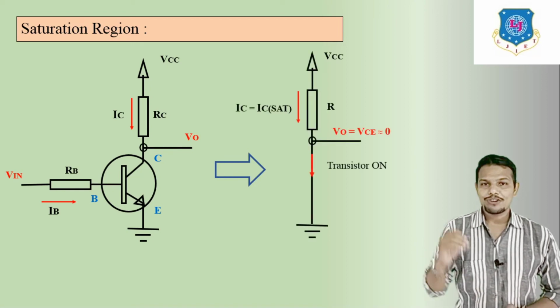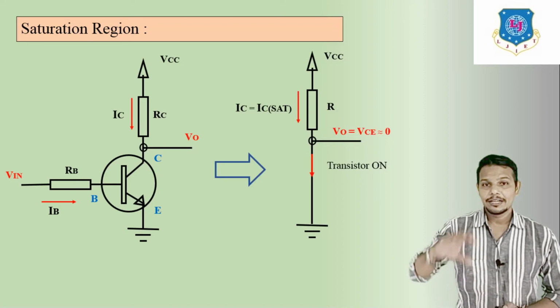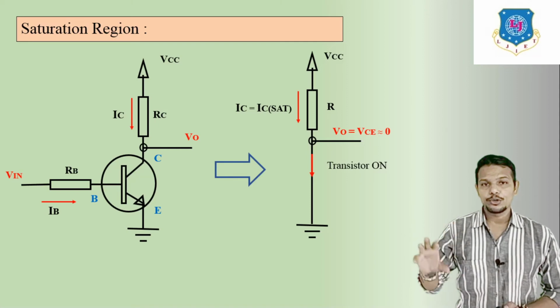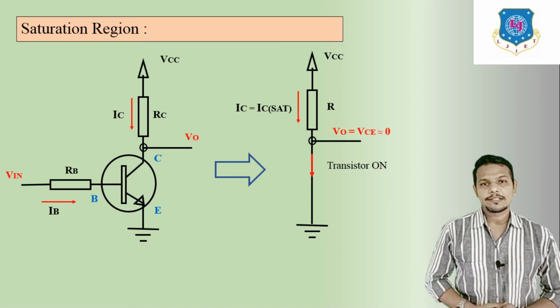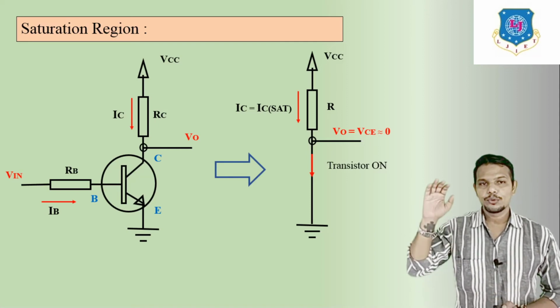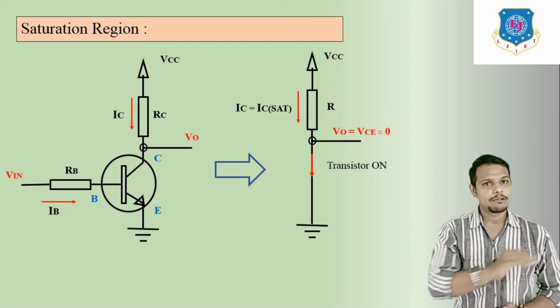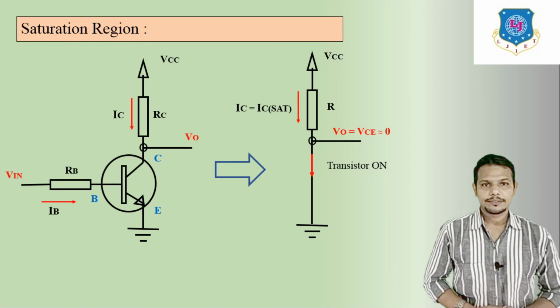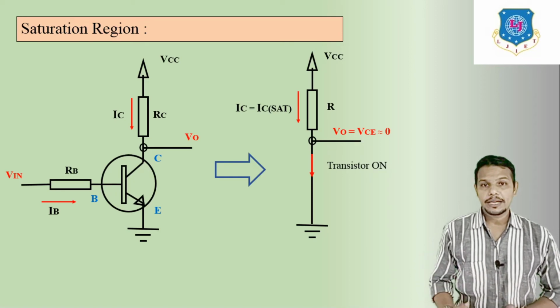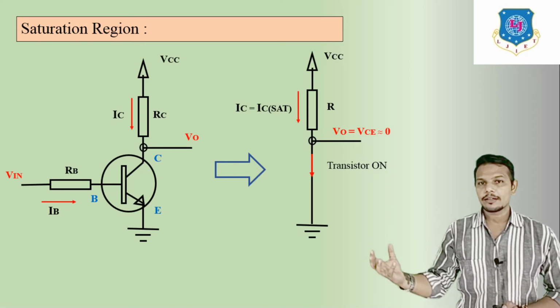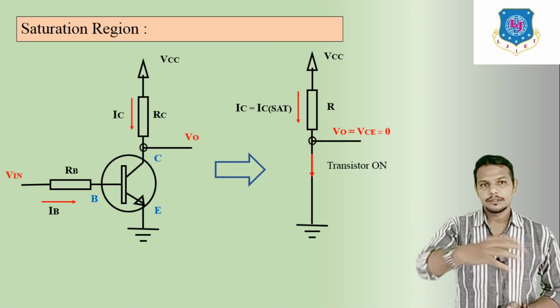Here your transistor becomes on, because across this transistor you will find lower resistance, and you will get VO equal to VCE equal to 0. That means it is the inversion. If you apply 1, you will get 0.